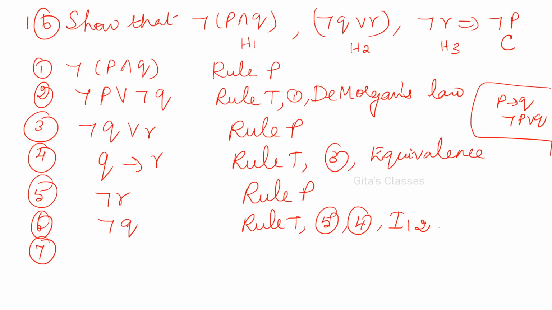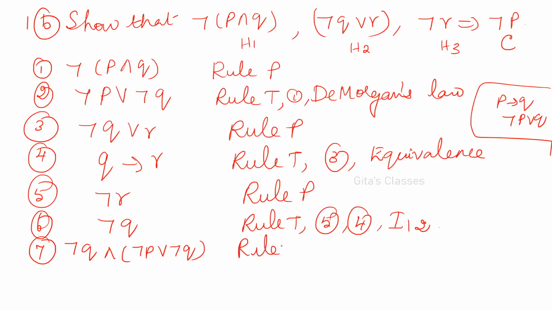Then next one is not Q, and from this I can write not P or not Q, from these two, 2 and 6.